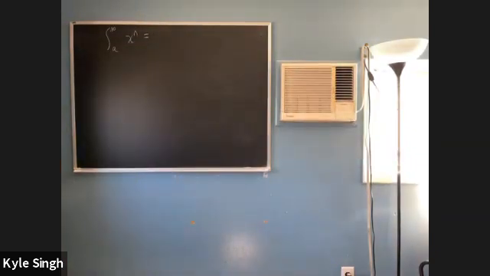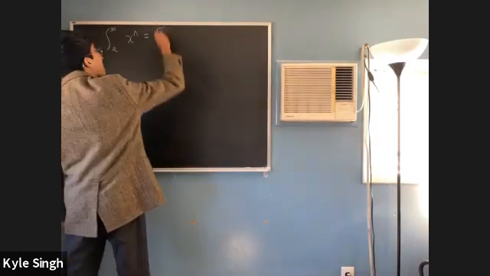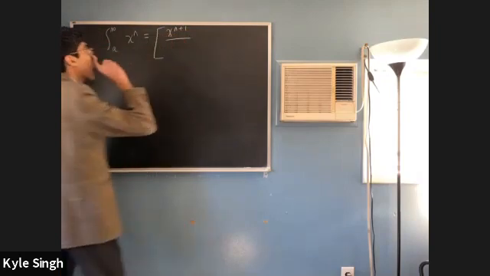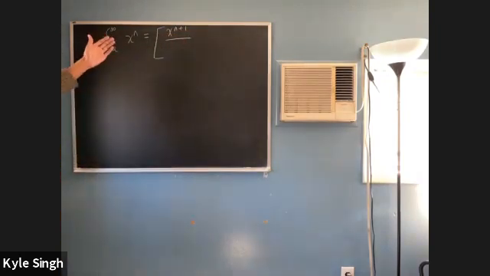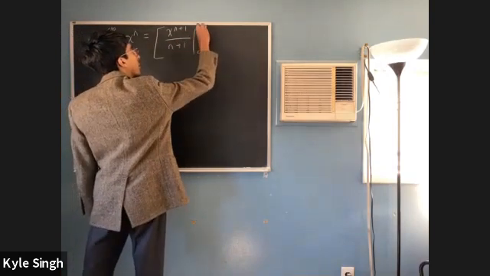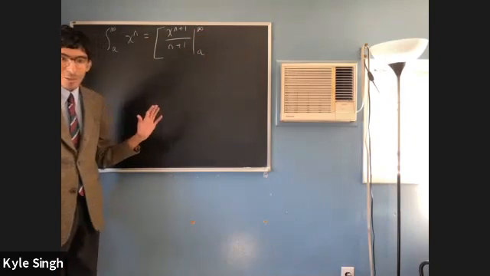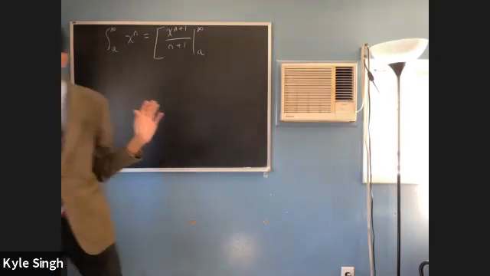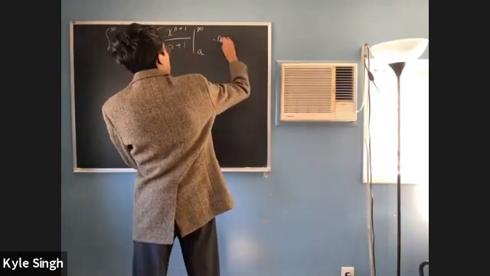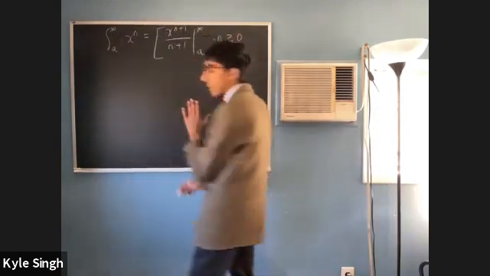Okay, so if I integrate this, what do I get? It's really straightforward. I just get x to the n plus 1, the power rule for integration, over n plus 1, from a to infinity. This is not a good integral because it diverges for n greater than or equal to 0.